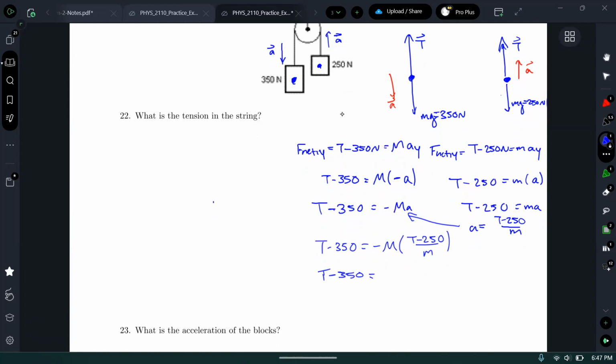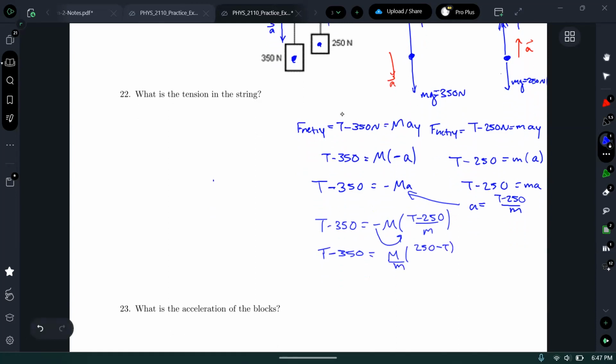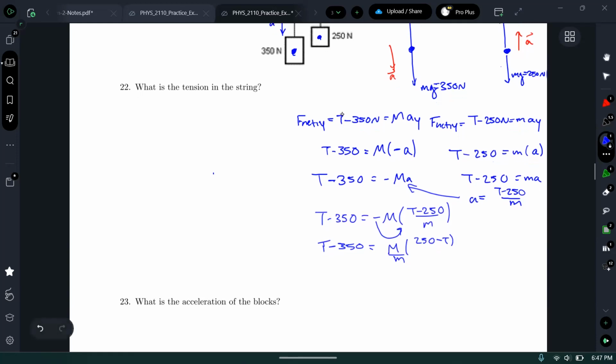So T minus 350, I'll distribute this negative to both terms in the parentheses: big M times (250 minus T) over little m. And so I'll multiply both sides by little m to clear that denominator. Distribute the masses.